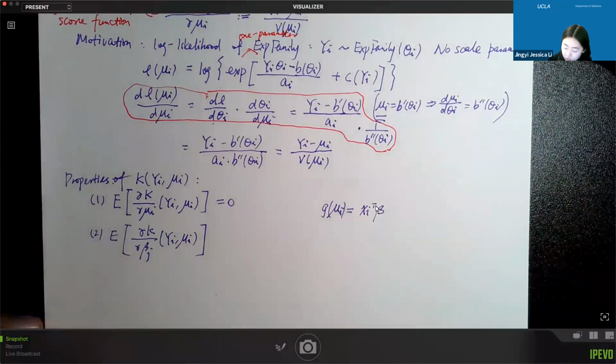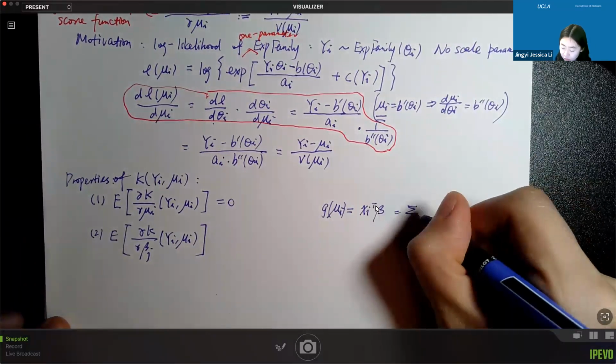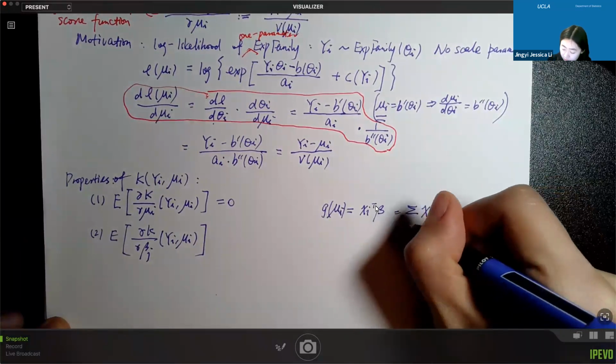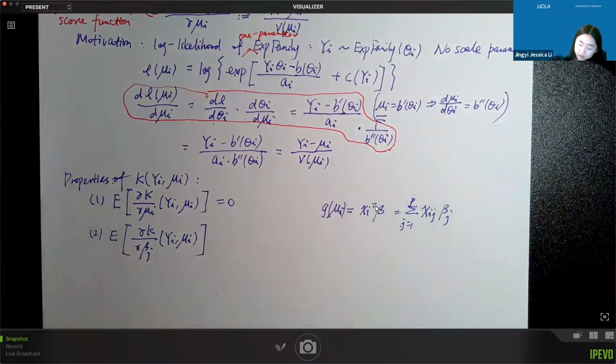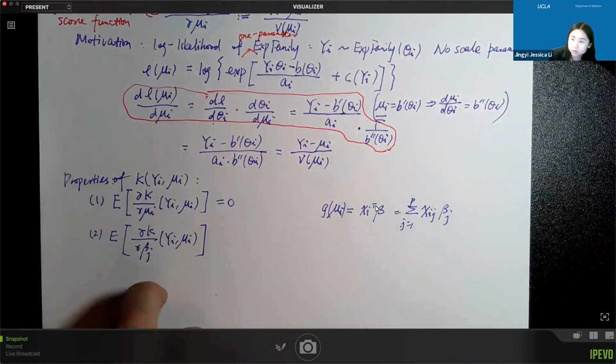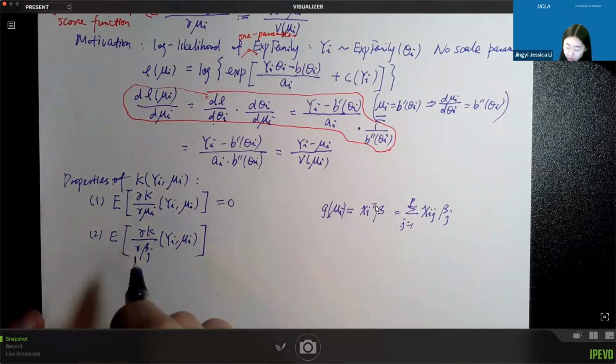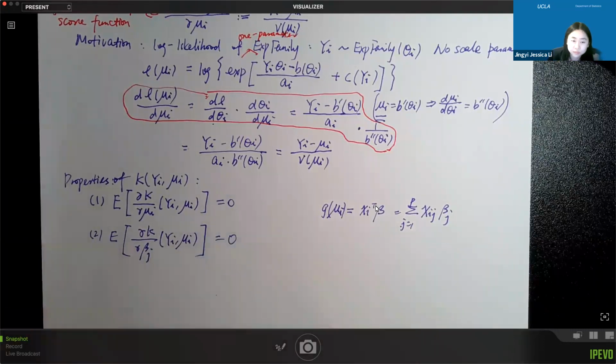So this is still what we have for the systematic structure, x_ij beta_j. When we take the partial of the quasi likelihood against beta_j, because this is what we're going to use for parameter estimation, right? When we want to set this to 0 to solve for beta_j as MLE, that's what we need. So this expectation is also 0.